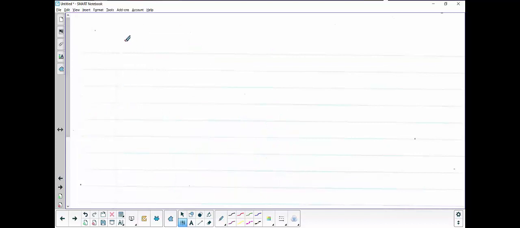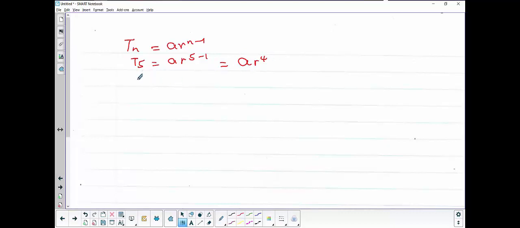We know that the general formula for Tn of a geometric sequence is A r raised to power n minus 1. So we need to determine our T5. T5 is going to be A r raised to power 5 minus 1, which gives us A r raised to power 4.